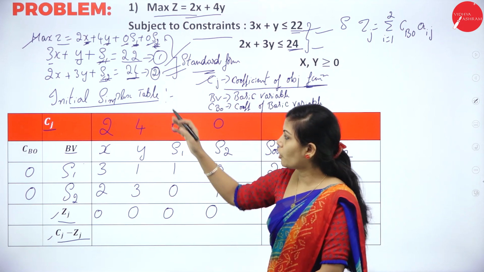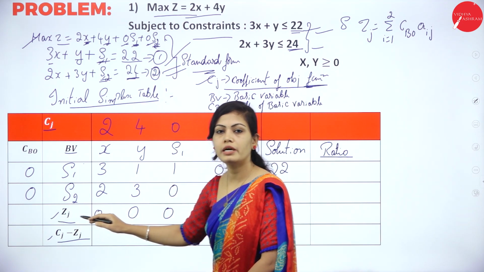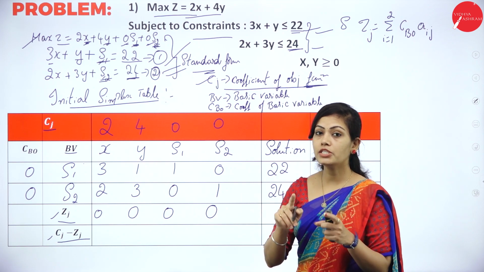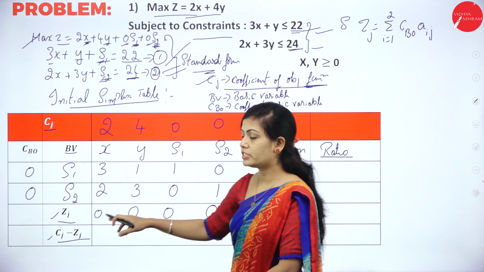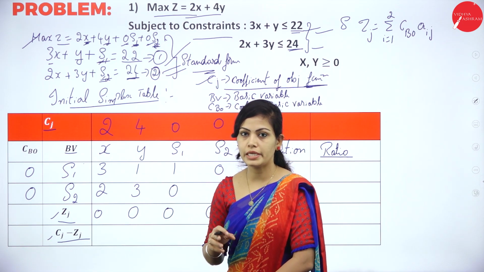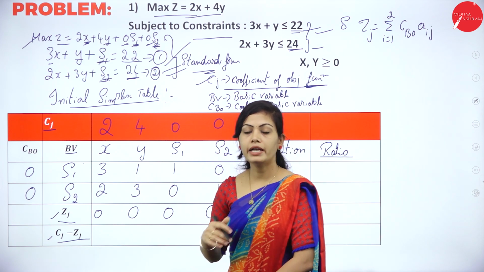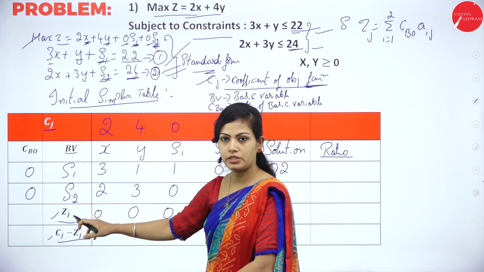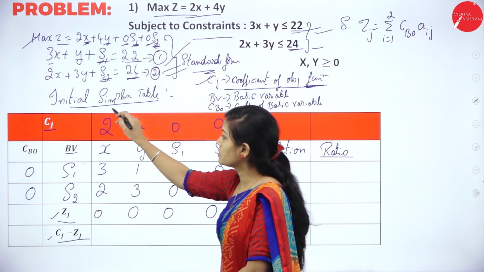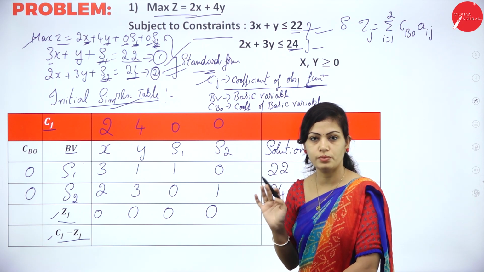Listen carefully, in all the initial simplex tables, all the Zj values will come 0 only. And after moving to iteration 1, iteration 2, Zj value will be changing. But in initial simplex table, all the Zj values are 0, 0, 0, 0.